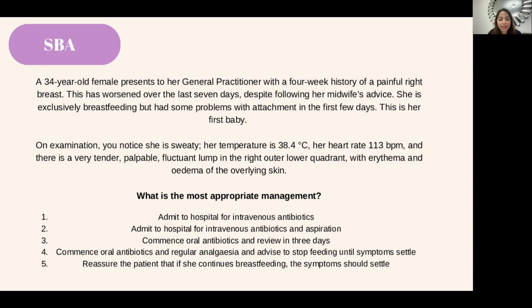I'm just going to give you guys a couple of minutes just to read over this question, and then I'm going to put a poll in the chat if you guys could just pick the most appropriate option, and then we can talk through it. Okay, just going to give you one more minute and then we can discuss.